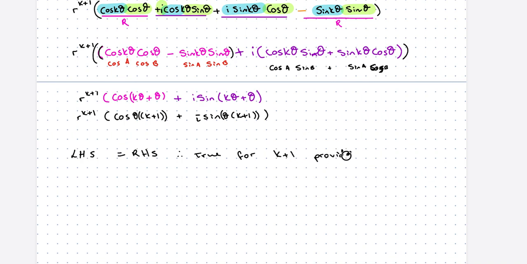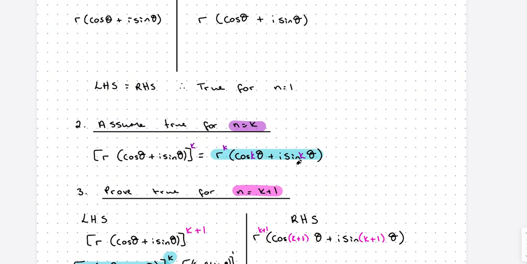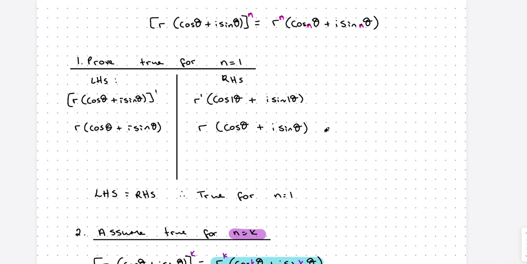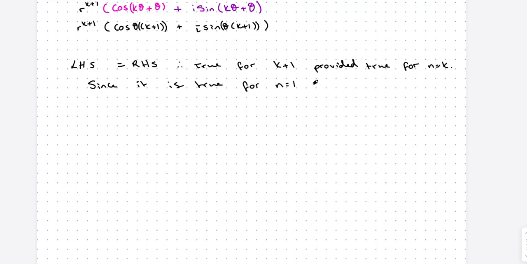and therefore I've shown that it's true for n is equal to k plus 1, provided it's true for n is equal to k. Since it is true for n is equal to 1, we showed that in step 1, remember, it is true for n is equal to 1, and then 1 plus 1, which is 2, and then 2 plus 1, because it's true for 2, so it's true for 3.